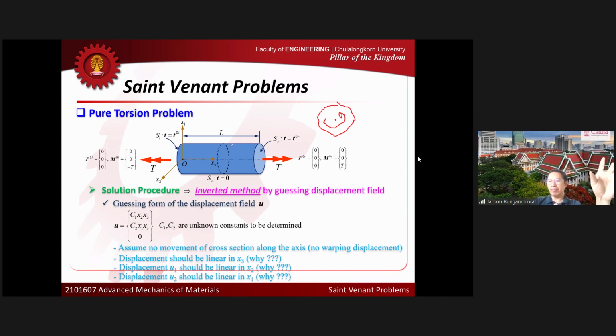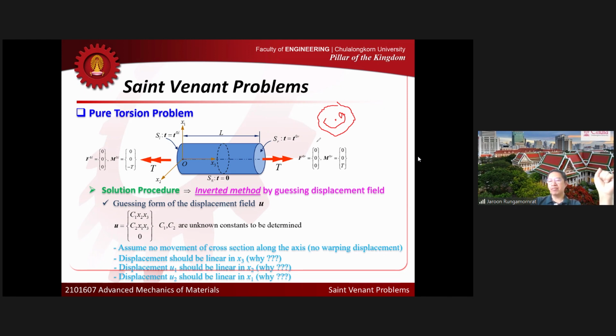So it's a little bit more difficult if we work out this problem by assuming the displacement field, or guessing the displacement field, compared with guessing the stress field, right? Because if you guess a stress field for this particular problem, you can use the formula that you are familiar with for the torsion problem. You know that the torsion will generate the shear stress components in the cross section using the formula TR/J, right?